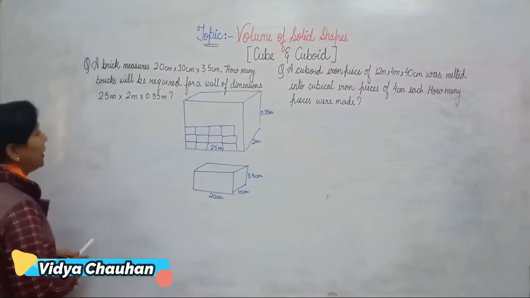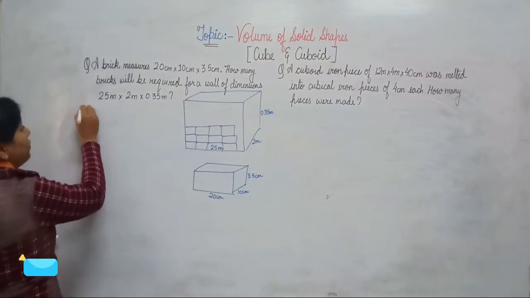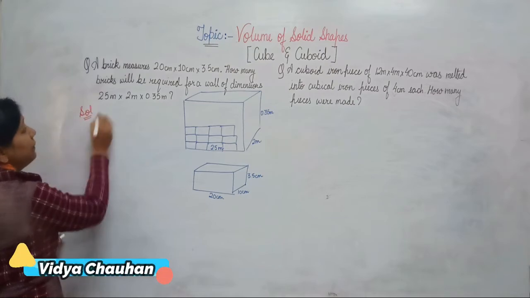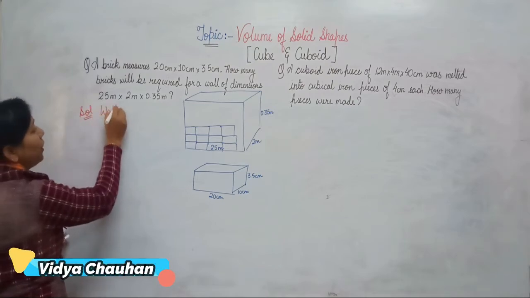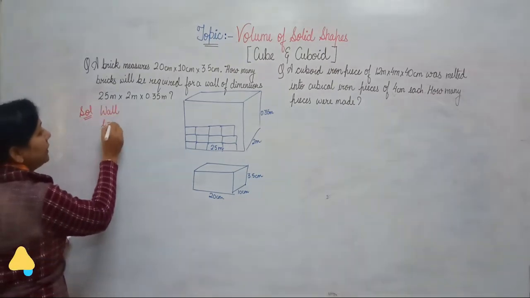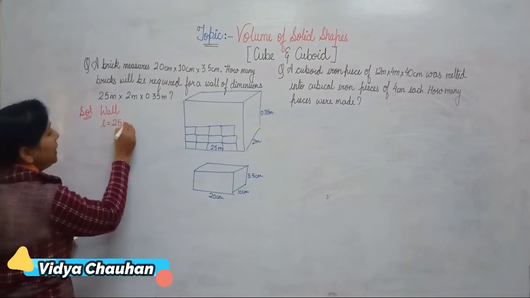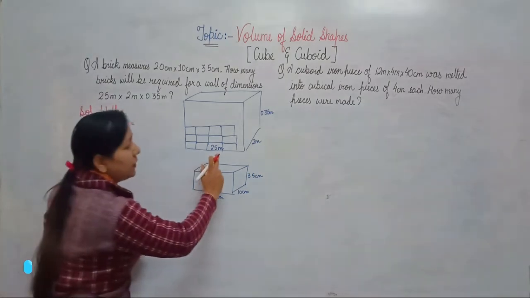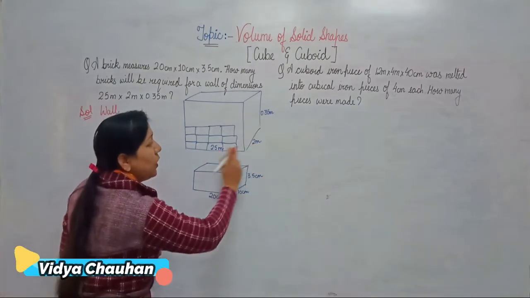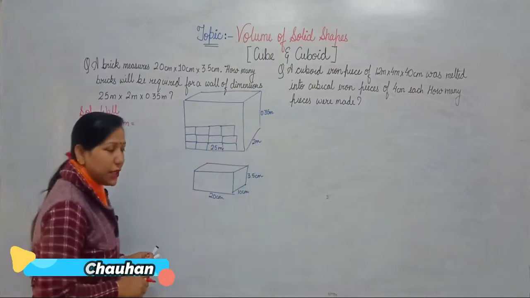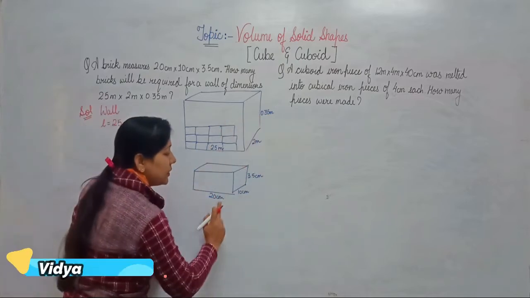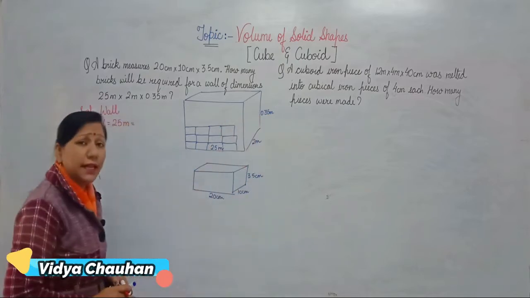Now coming to the theoretical part, if we talk about the dimensions, very first for the wall, the length is 25 meter. As you can see here, in the case of the wall all three dimensions are in meter, whereas in bricks the dimensions are given in centimeter.